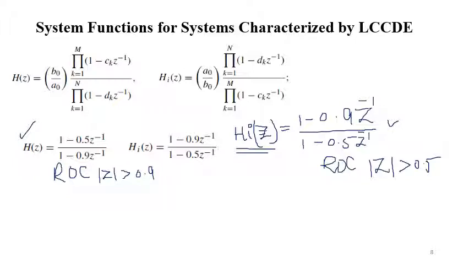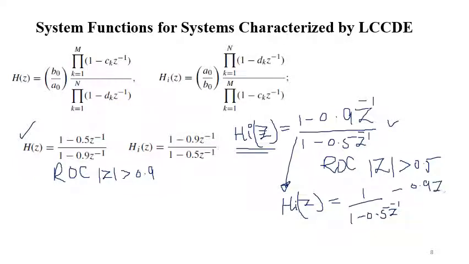For me the easiest way will be the inspection method, and what we can do is express it as H inverse of Z equal to 1 over 1 minus 0.5 Z inverse, minus 0.9 Z inverse over 1 minus 0.5 Z inverse. Now we have split it into two.